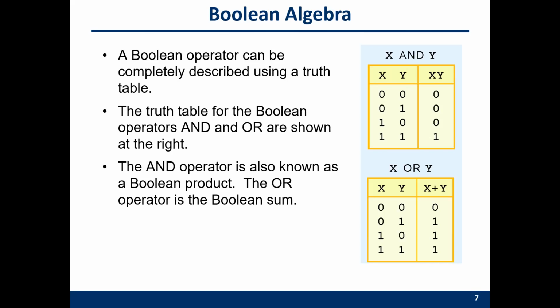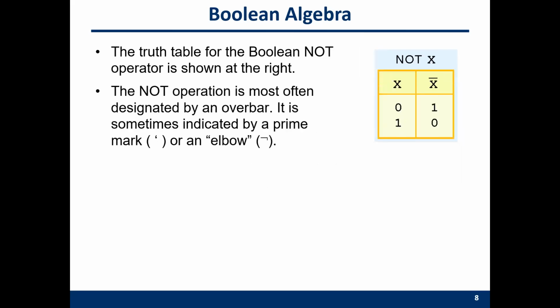And then we can write the output here. For the OR gate, only when both inputs are 0s is the output 0. For the AND gate, only when both inputs are 1s is the output 1. Sometimes we have a 1 input gate, like the NOT gate. So here is NOT X.